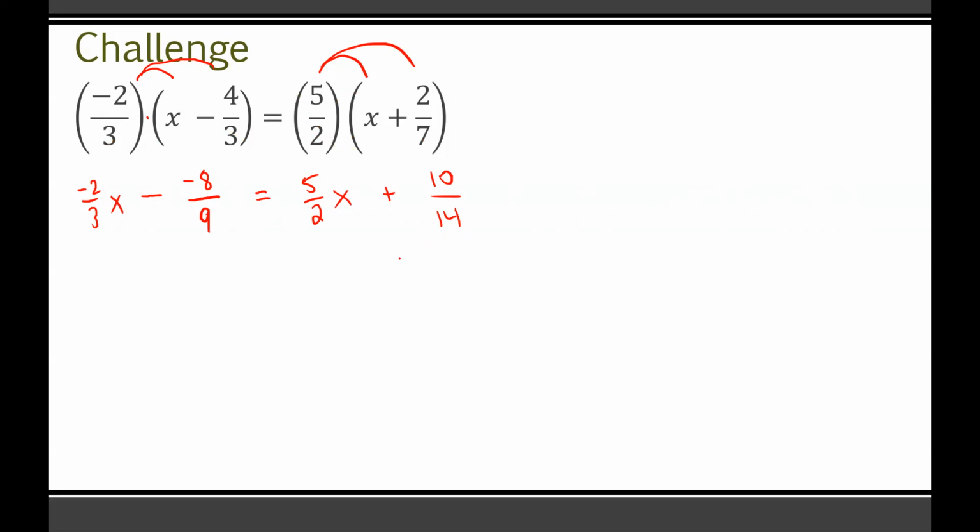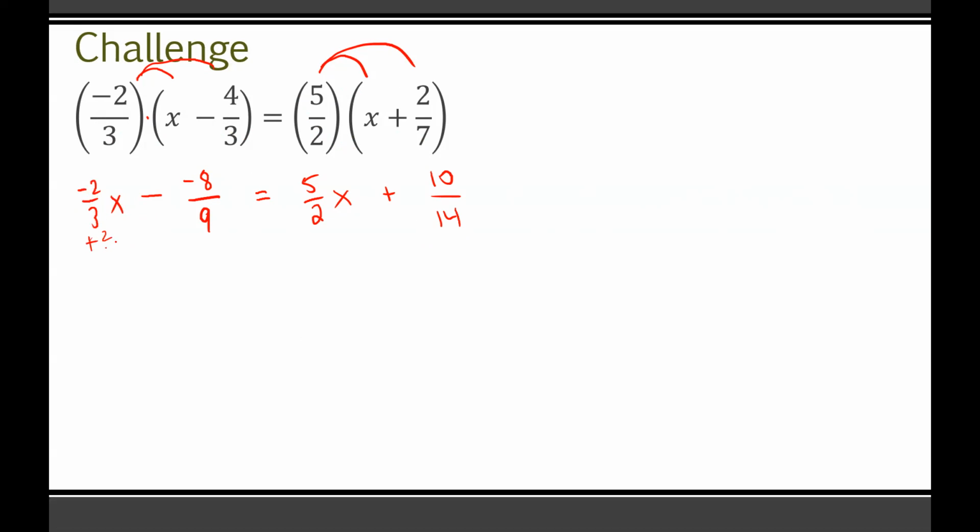Okay, so this is already pretty crazy, but we want to gather all of our x's to one side. Now, by the looks of it, my quote unquote smaller x here is going to be this guy because it's a negative 2/3 x. To move over a negative 2/3 x, think of this as like minus 2/3 x.